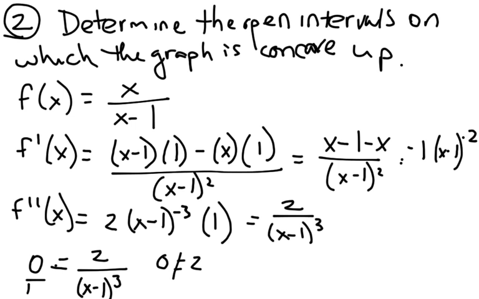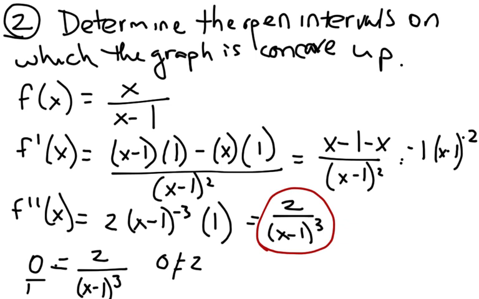However, if you'll remember, points of inflection can occur at places where either the second derivative is equal to 0, which this one never does, or at places where the second derivative is undefined. Now, where is this second derivative undefined? Where the denominator equals 0.